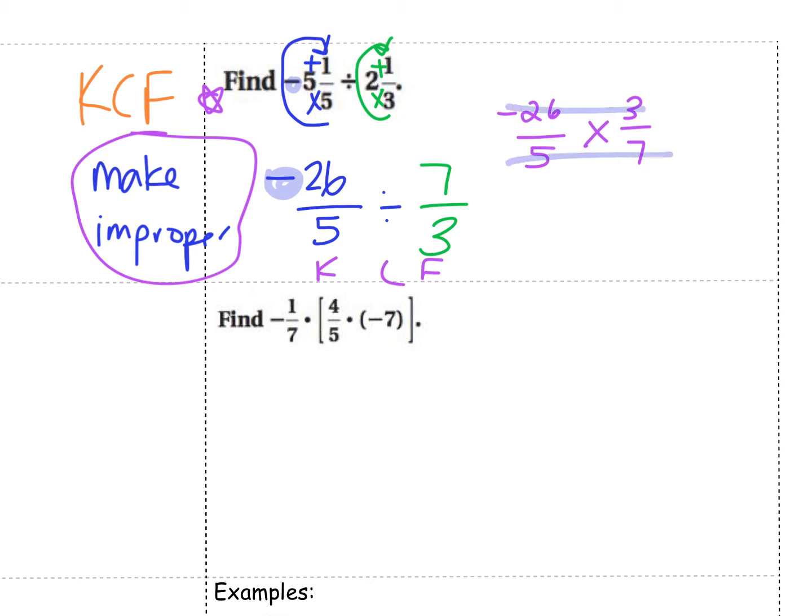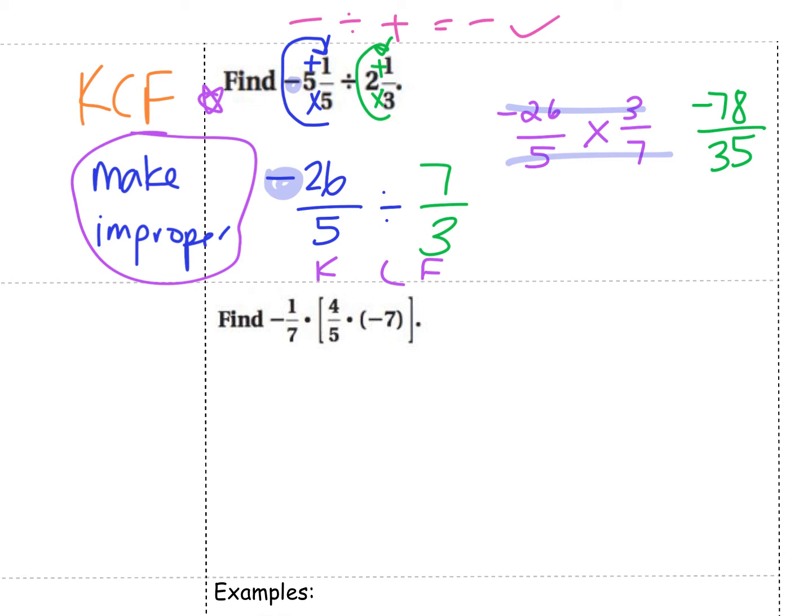Multiply like we always do, straight across. Negative 26 times 3 is negative 78, and 5 times 7 is 35. When I look at my signs, I had a negative divided by a positive. I know that's a negative. I have a negative sign, so that's correct.